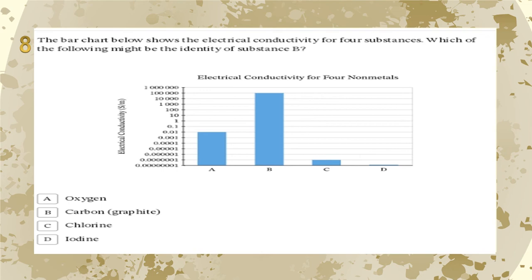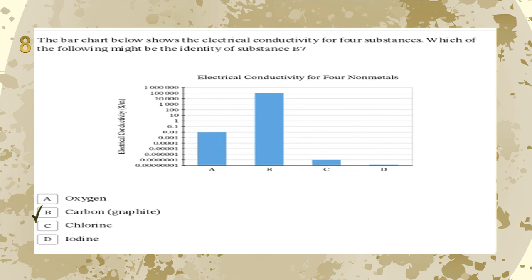Substance B has high conductivity of electricity, so it is a non-metal and a good conductor of electricity. We have taken it in fourth primary: carbon or graphite. It's a non-metal, but it has the property of metal as it is a good conductor of electricity. I think it's an easy question for us.